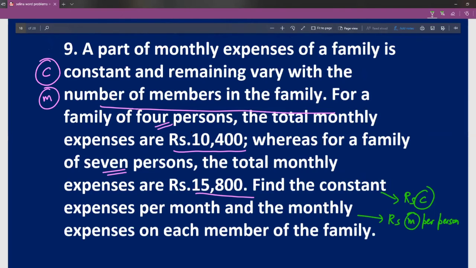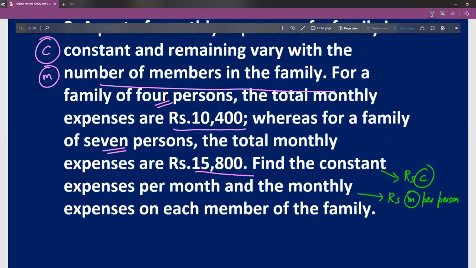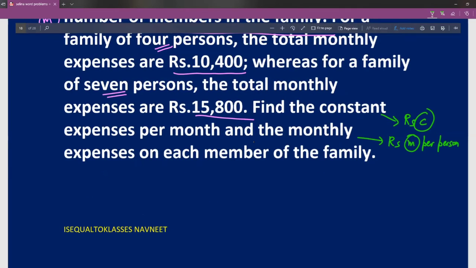Okay. So for a family of 4 persons, the total monthly expenses are 10,400. If there are 4 persons, the expenses can be divided into, one is the fixed part. The fixed part is this rupees C. This will remain fixed. The second part is the variable part.